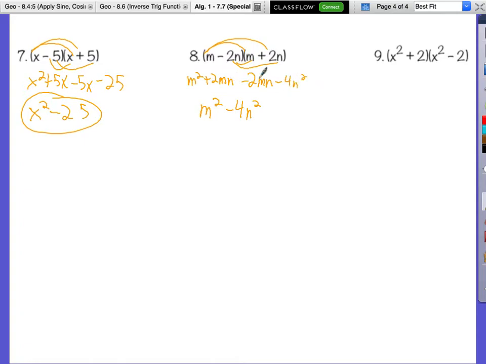And those middle terms zero out. They add up to 0 and go away. And so we're left with just that. And if we were careful with our last one, we'd end up getting the same thing, but we'll skip the last one for now and get on to our homework.